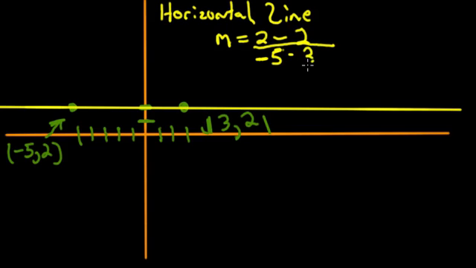Well, 2 minus 2 is 0. And so this is saying that horizontal lines have a slope of 0. And so that means they never rise or fall. They're always at the same y value, which in this case is 2.